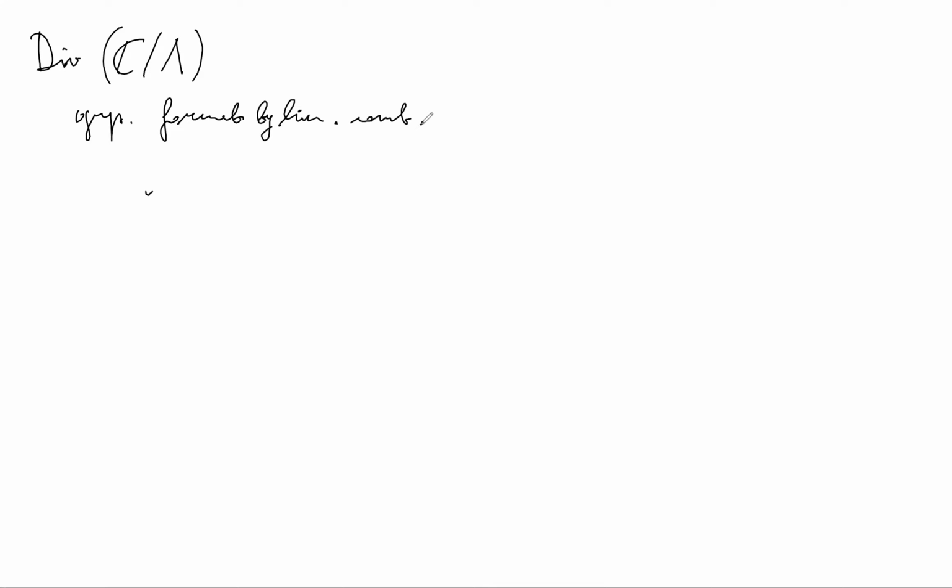And again, these are just formal linear combinations. They don't mean anything. It's just a symbol to write down a collection of points, really, and attach some data, namely some integers. So a divisor for us is just going to be the sum of m omega at the point omega, and again the sum is over all omega in C of lambda. But now because we have a sum here, really this should be some finite object.